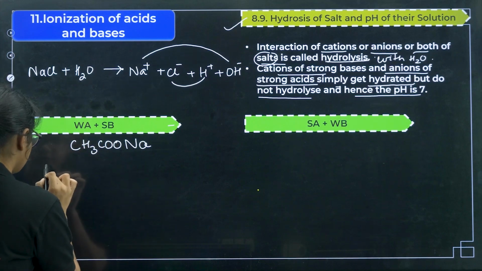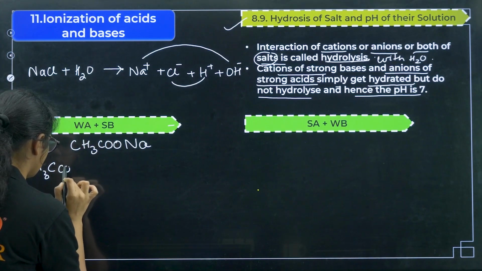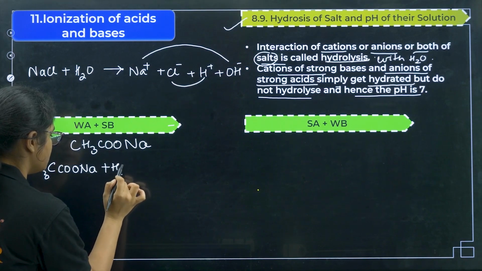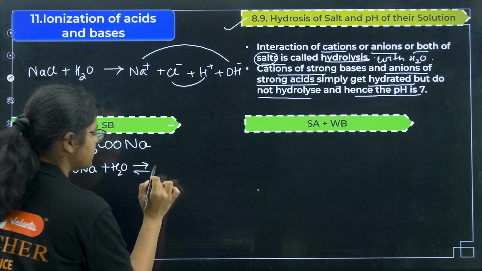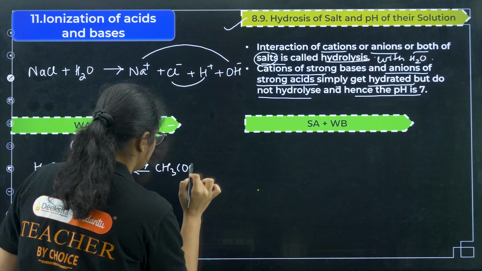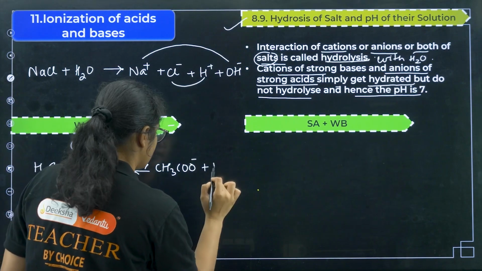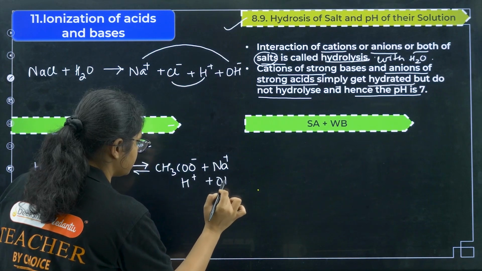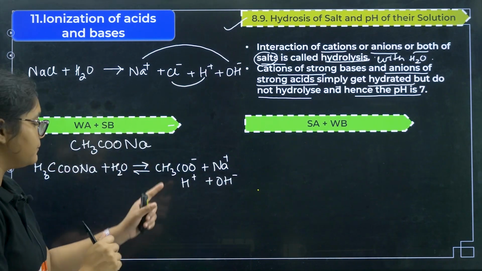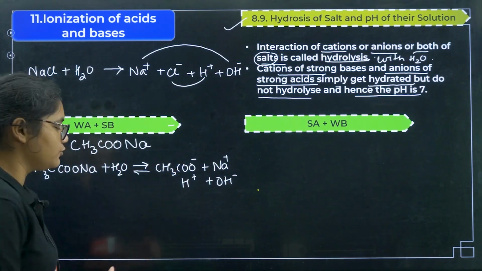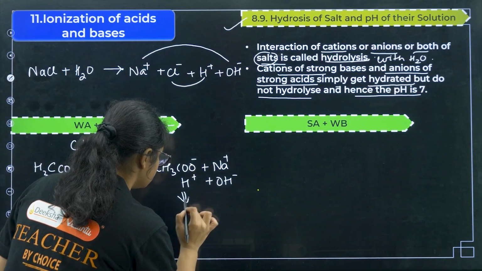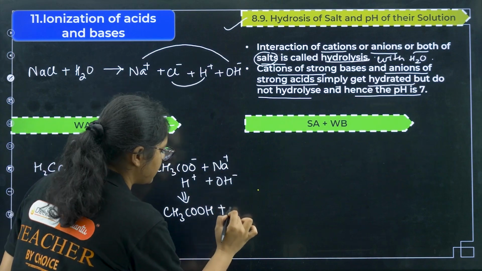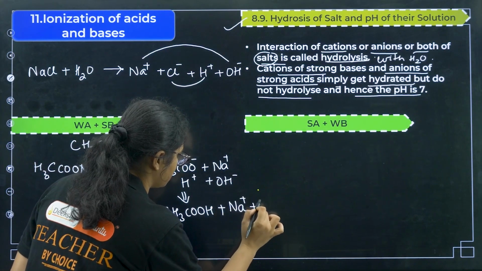Now if I keep this in water, CH3COONa, if I dissolve it in water, I get the ions, that is CH3COO-, right, then I get Na+, then from the water I get H+ and OH-, right. Now what will happen, because these two can again react to give you CH3COOH, then in this we have Na+ and OH-, right.